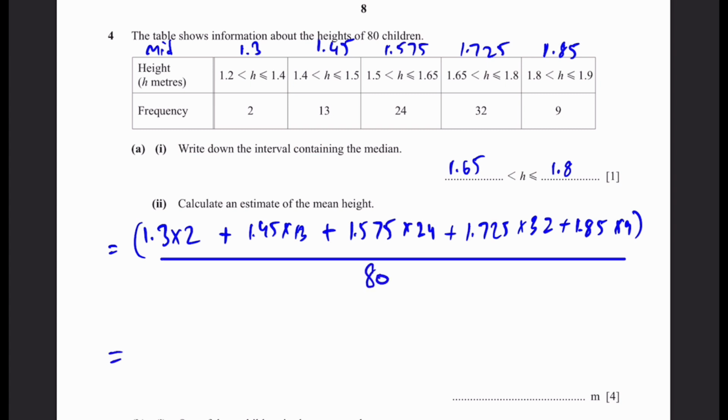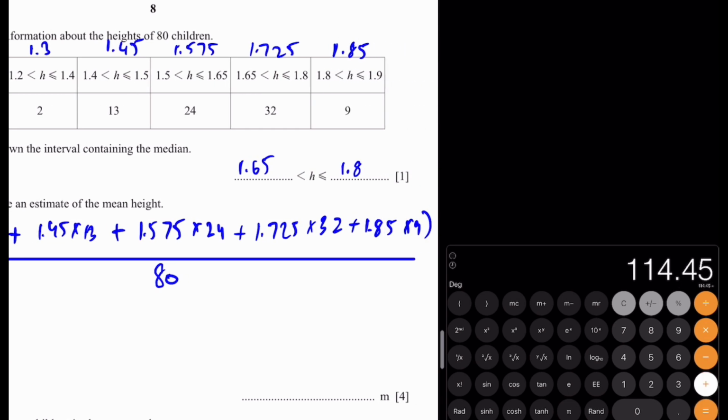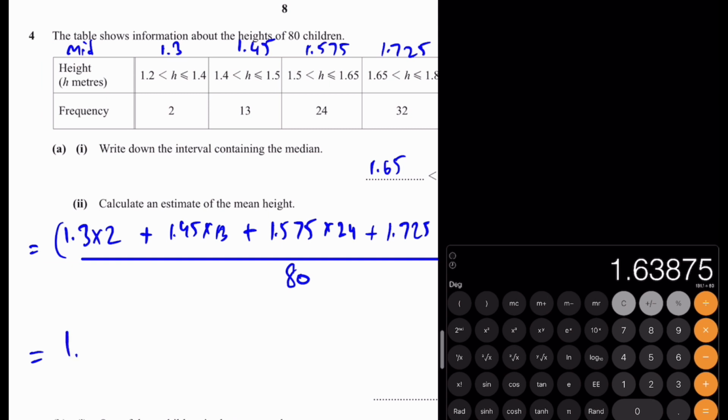Let's get a calculator out now. Here we go. 1.3 into 2 plus 1.45 into 13 plus 1.575 into 24 plus 1.725 into 32 plus 1.85 into 9. 131.1 divided by 80 now to get 1.64 meters to 3 significant figures.